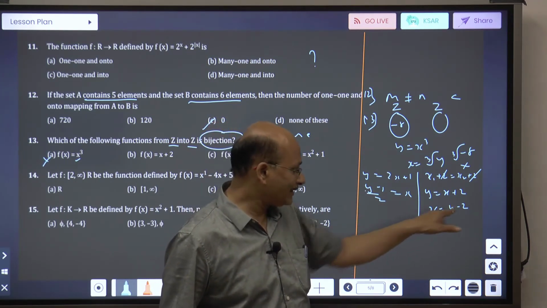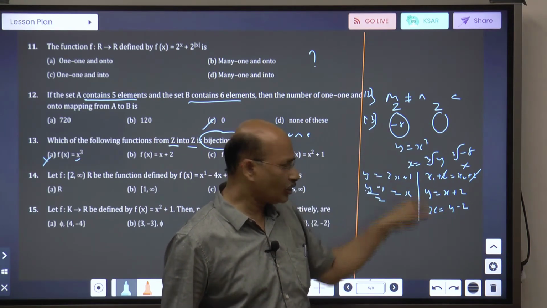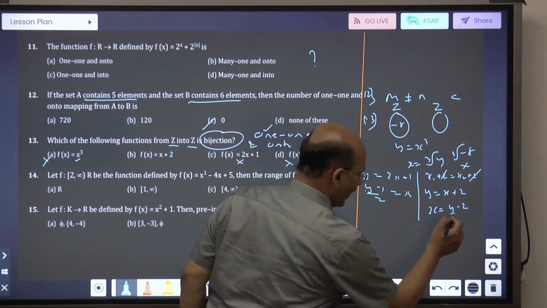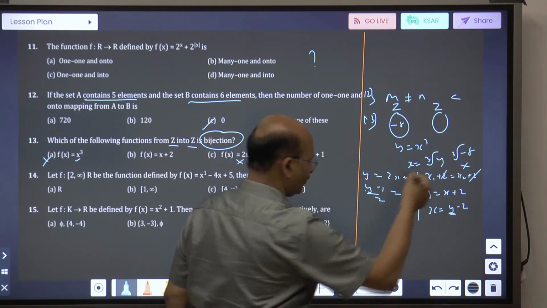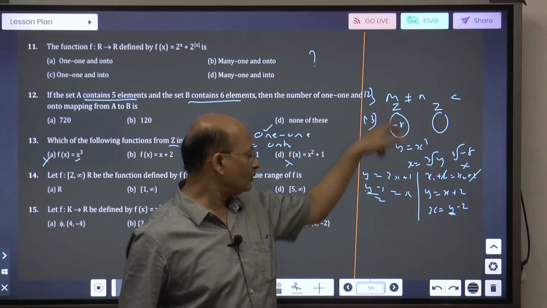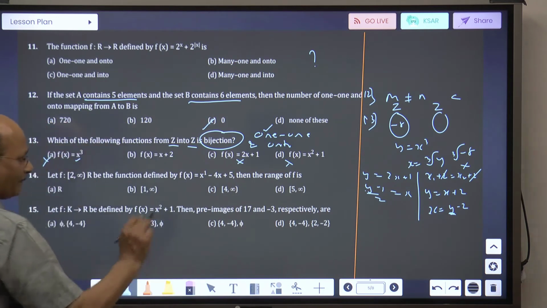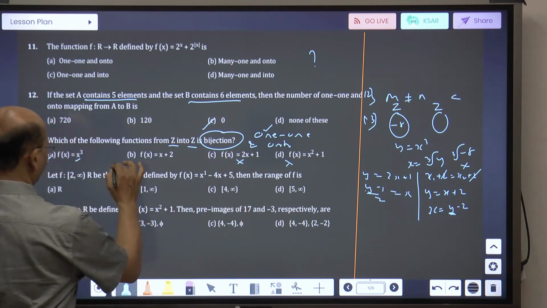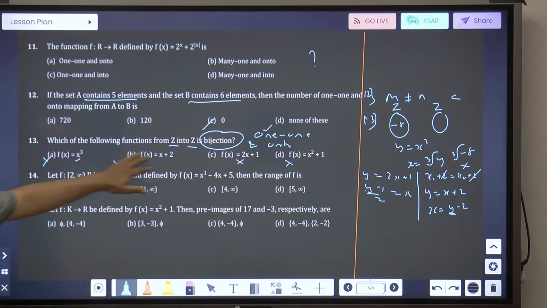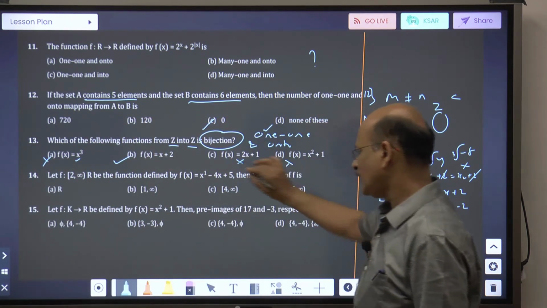But in this case, you put y as any integer, then x is also an integer. That means the image is nothing but the codomain. The range is equal to the codomain. So every value of y will give you some x value. So I believe that this suits best. So f(x) is equal to x plus 2 is the function that is bijective.